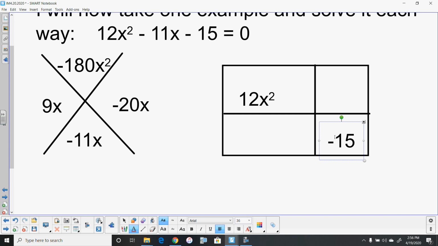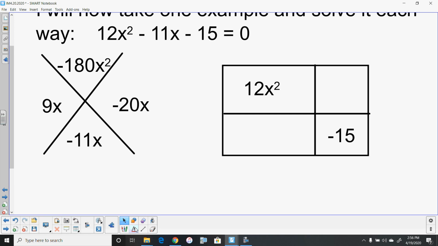C, the last term, goes in the same diagonal as that first one. The two factors we found, again, that's where the thinking happens in this problem, 9x and negative 20x, they're going to go in the other corners.